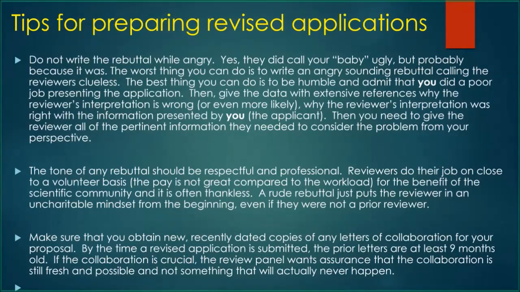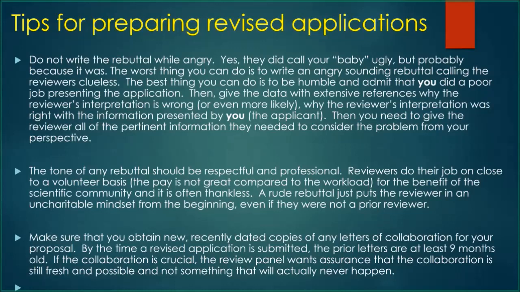Which means that there are 3 people who agree that the grant had problems. So if you try to write the rebuttal when you're angry and you're sarcastic and you make it seem like you're not respecting that person's opinion and you resubmit, you're just going to make the reviewers uncharitable.